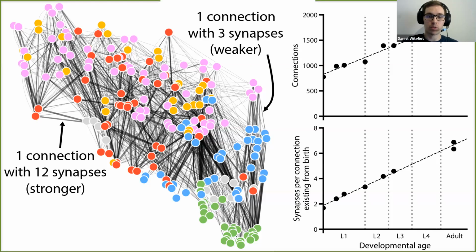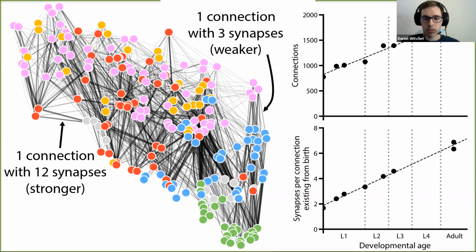And the addition of synapses also strengthens existing connections, meaning that the number of synapses per connection increases. So we asked whether this large increase in new connections and strengthening of existing connections happened uniformly throughout the brain. And I'll show you in 3 different contexts that it's not completely uniform.